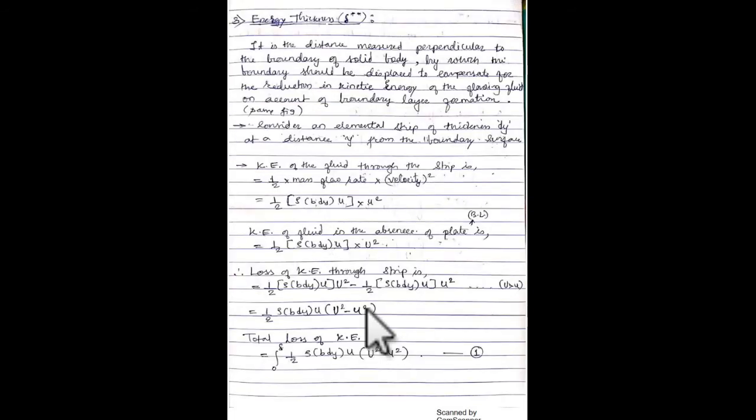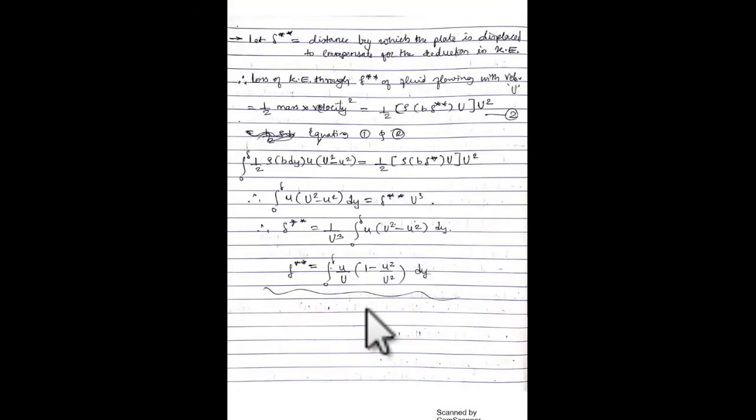All these derivations are on the same pattern. Energy thickness, the derivation, and this is the formula for energy thickness. Same pattern, the derivation is there for energy thickness and momentum thickness.